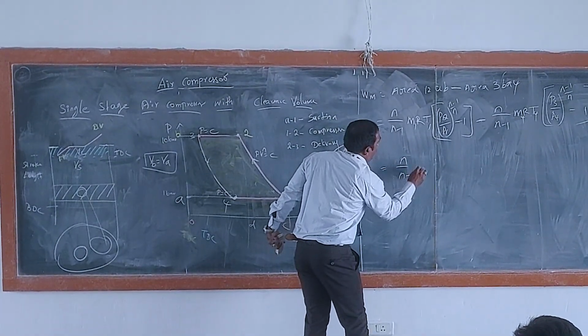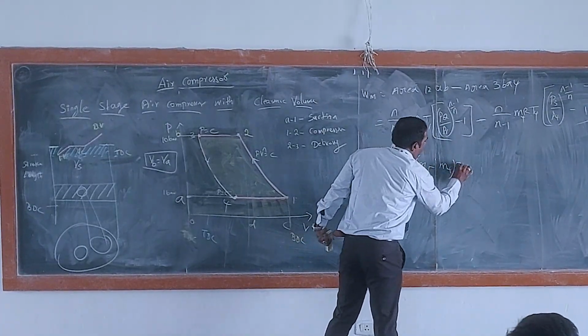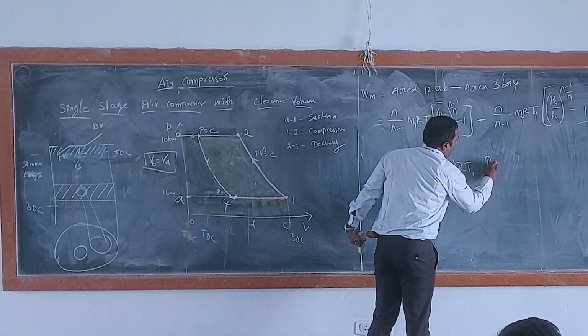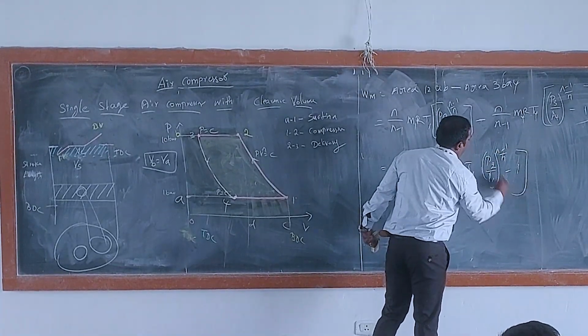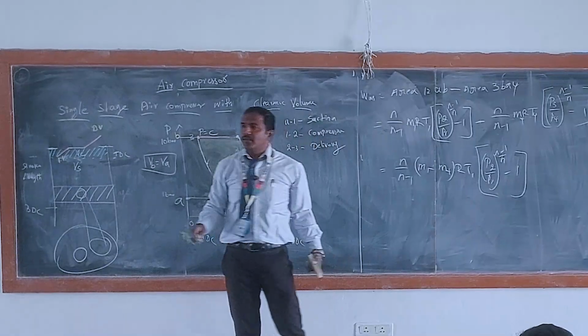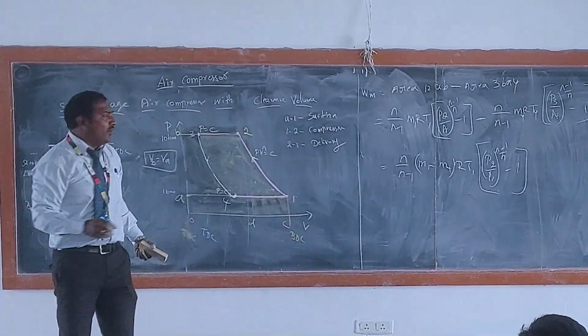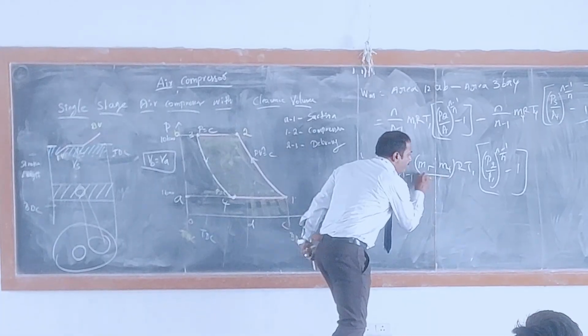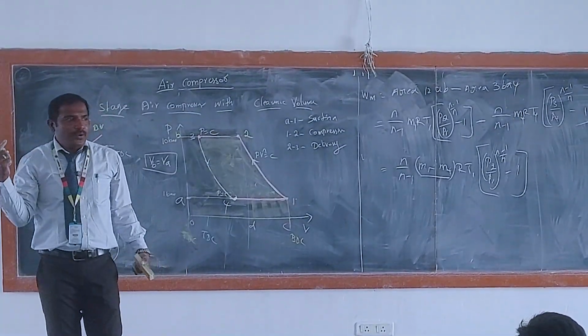n by n minus 1, m1 minus m4, R T1, P2 by P1 whole power n minus 1 by n. This is for the clearance volume. Only the m changes. There we have only m1.